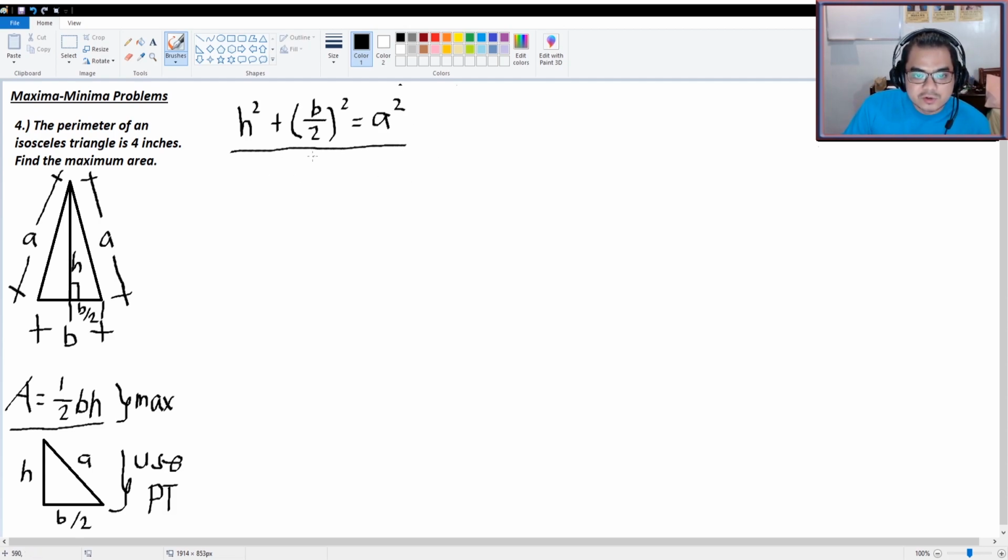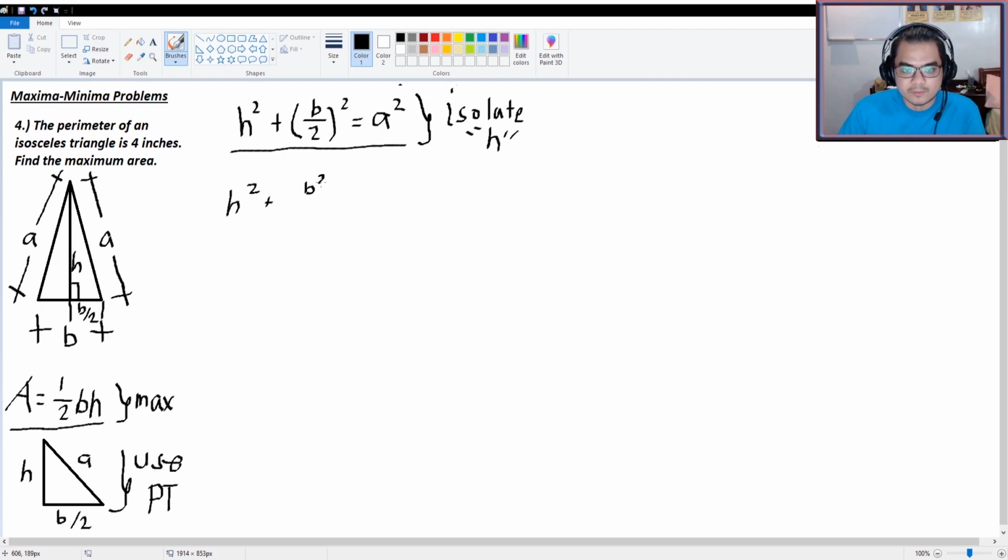So from this equation, we can isolate here either B or H. Okay? But I think it's easier if we will isolate H. So isolating H, you'll have H squared plus B squared over 4 equal to A squared.